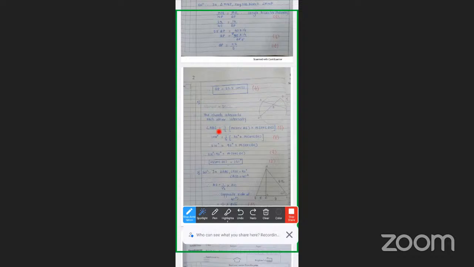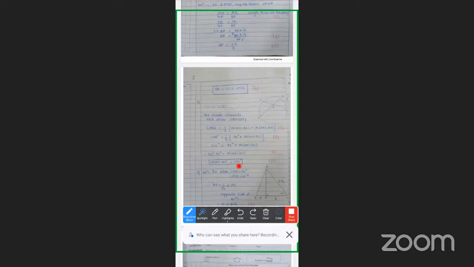So put the given values: angle ABE is 108 degrees, equal to half, the measure of arc AE is 95 degrees, and the unknown quantity is the measure of arc DC. So the 2 is here, this is the divide part. When we change sides, it becomes multiply. So 108 into 2 gives 216, is equal to 95 degrees plus the measure of arc DC. So 216 minus 95, shifting it here, it becomes minus. So the measure of arc DC is equal to 121 degrees.